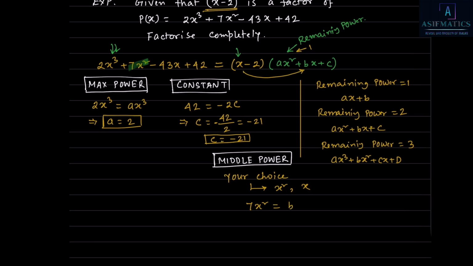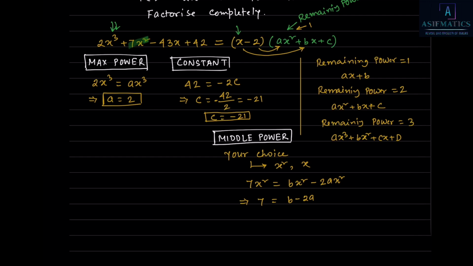So we write bx squared, then minus 2 times ax squared, so minus 2ax squared, and I don't think there is anything else. So here we can equate 7 equals b minus 2a.